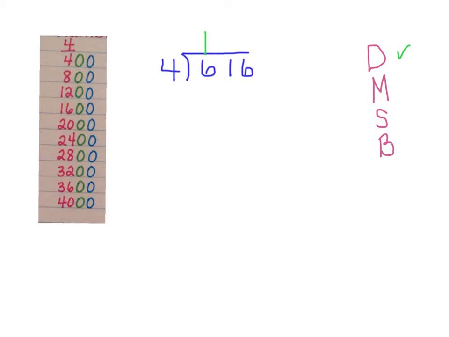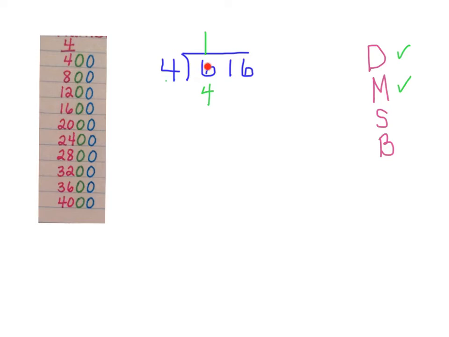Now I'm going to multiply. I'm going to multiply that 1 times the 4 and write it down below the 6. So multiplying 1 times 4. Always multiplying the part of the quotient times the divisor. And 1 times 4 is 4. I've multiplied. Next step is to subtract.